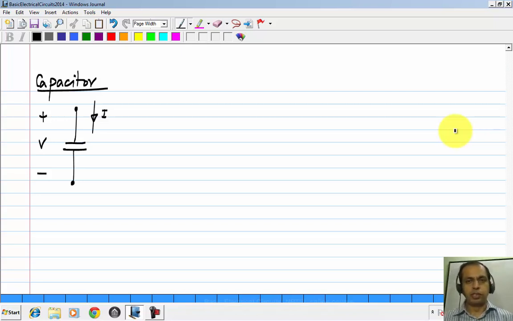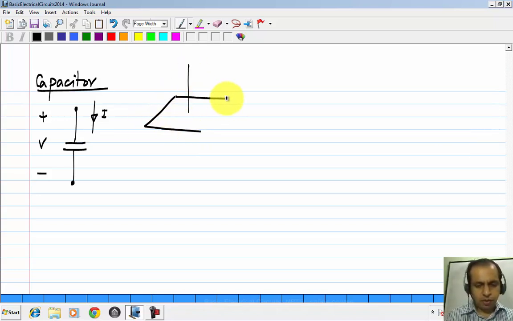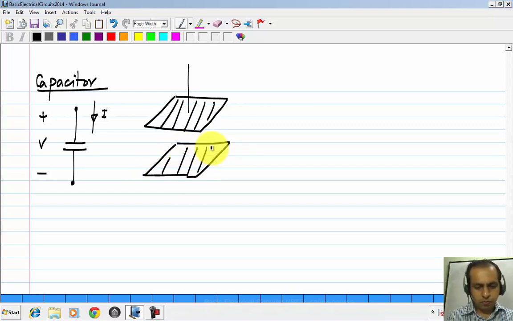I think from basic physics classes, all of you would be familiar with the prototype structure of a capacitor, which consists of two parallel plates, with some area and some distance between them.